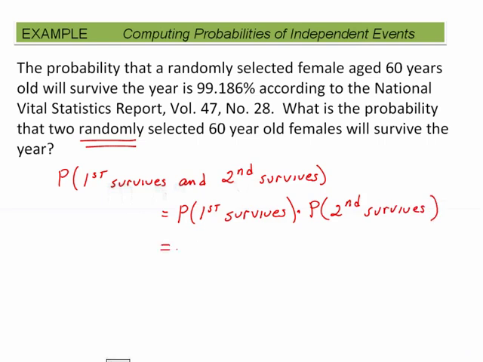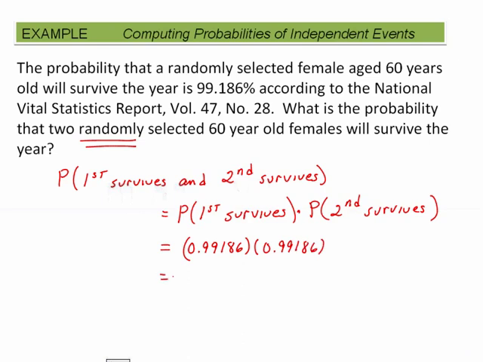What is the probability the first female survives? .99186. And what's the probability the second survives? Also .99186.